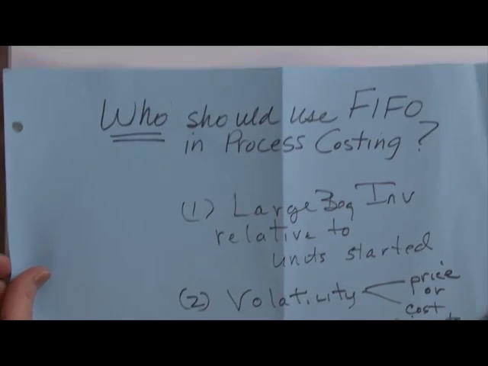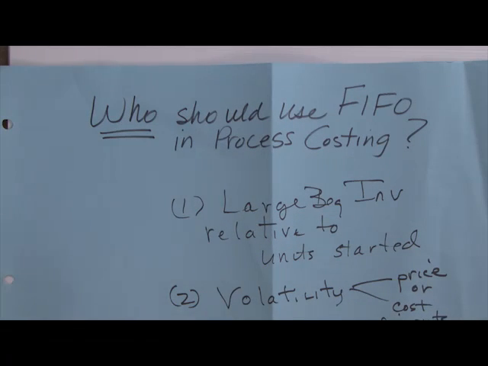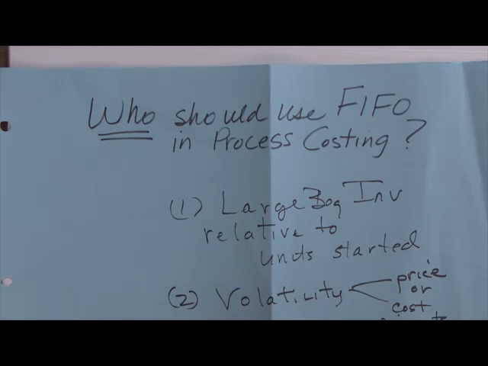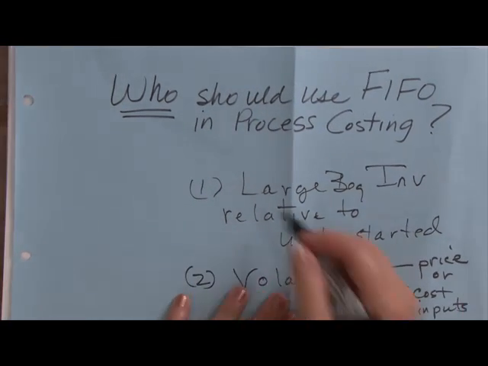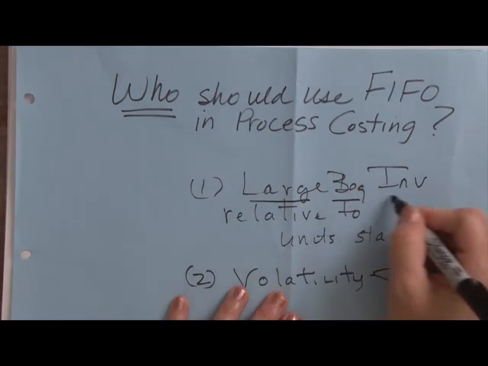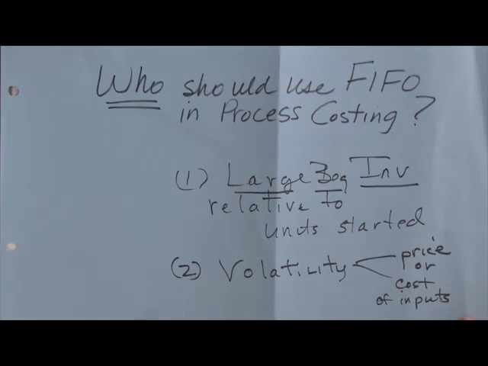The last thing I asked you to consider would be what type of company should use FIFO. And let's talk about that. Who should use FIFO when they do process costing instead of using weighted average? A company that has a large beginning inventory relative to the units that it starts would be a good candidate for using FIFO.